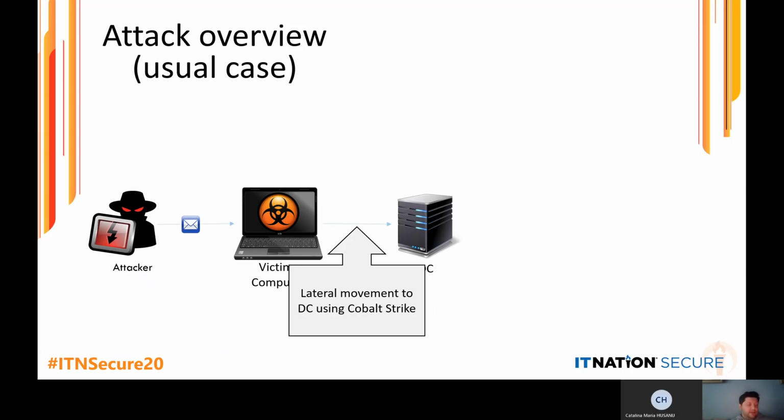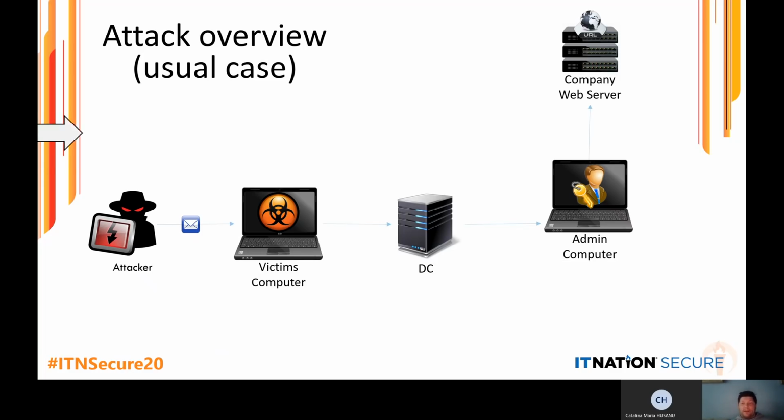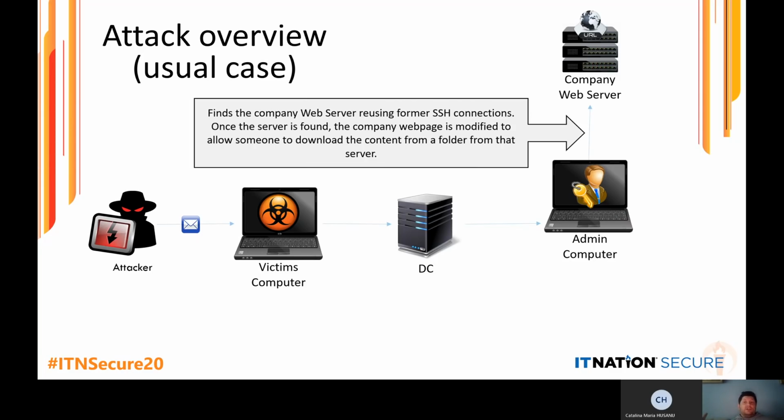If they find it, then they connect to the domain controller. From that domain controller, they search for an administrator computer and infect it, and then search for the company web server. And usually they actually reuse a former SSH connection. This is something common.